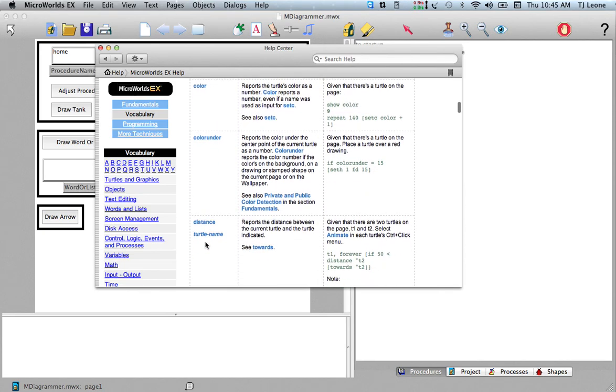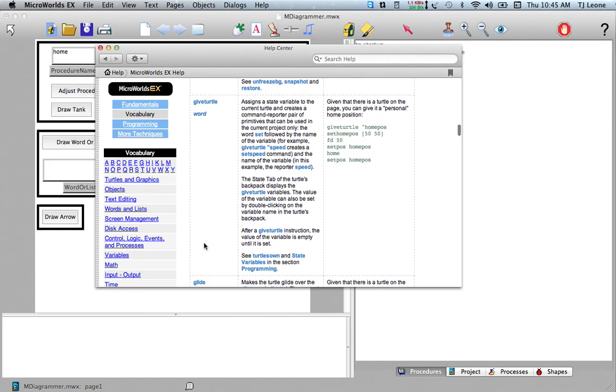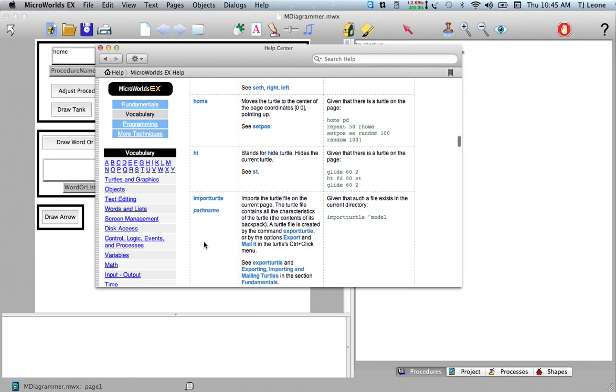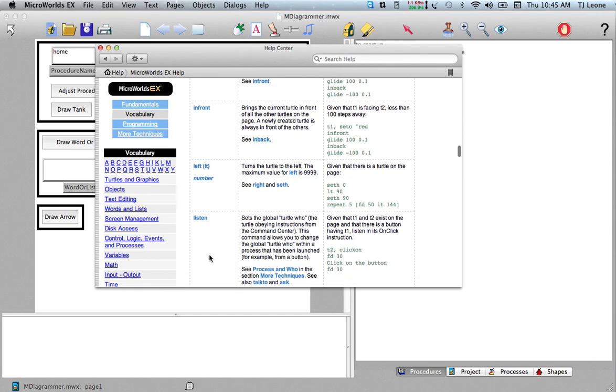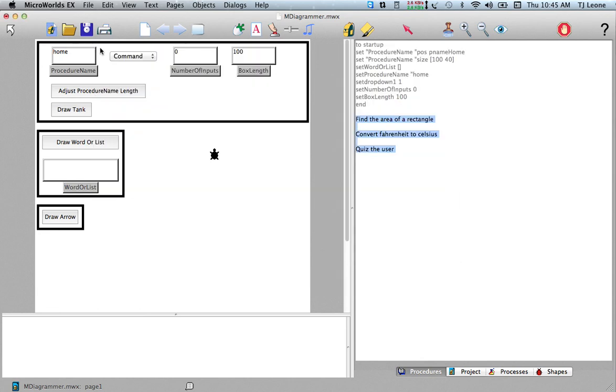Click on, click off, color, distance, everyone, fill, glide, forward is a procedure. Left and right are procedures. All of those are primitive procedures that have already been written in Logo. So you find those from the Logo vocabulary.